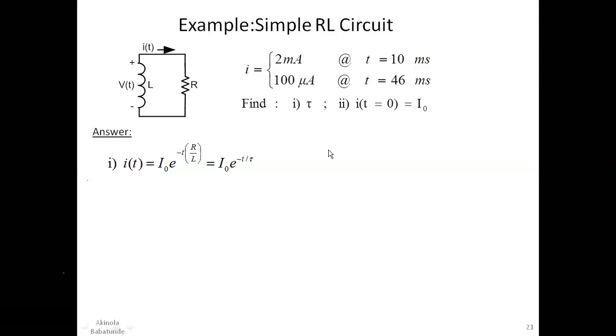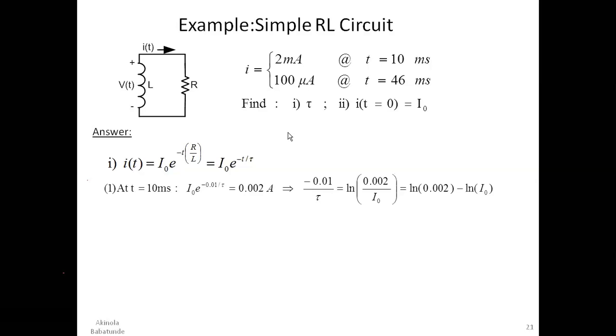Now, if you have that, the next thing you want to do is to find out what happens at t equal to 10 milliseconds. What happens to this particular equation? We know that our t is 10 milliseconds. So 10 milliseconds is the same thing as 10 over 1000, right? So that's 10 over 1000, and that will be equal to 0.01.